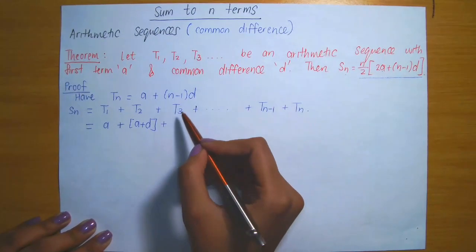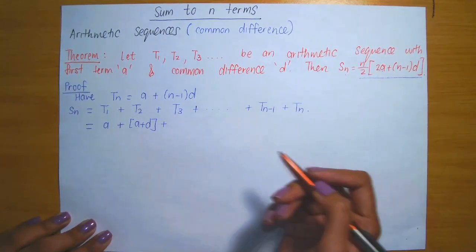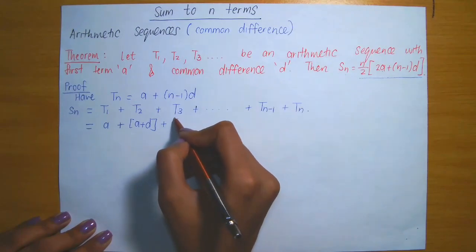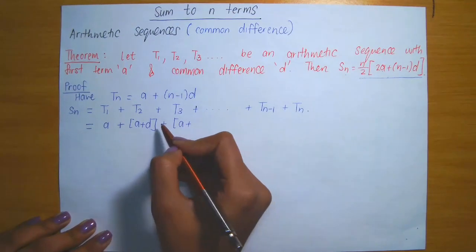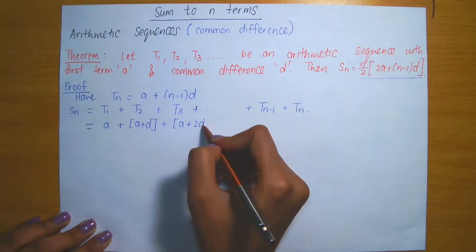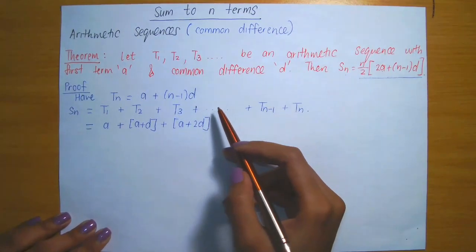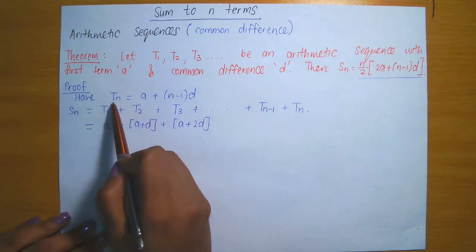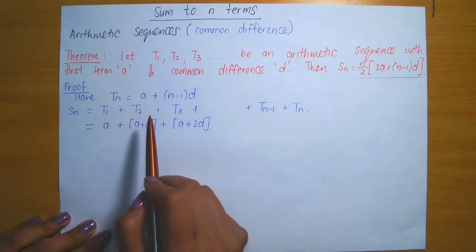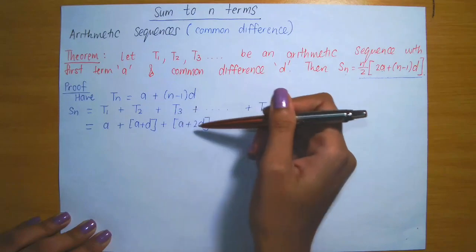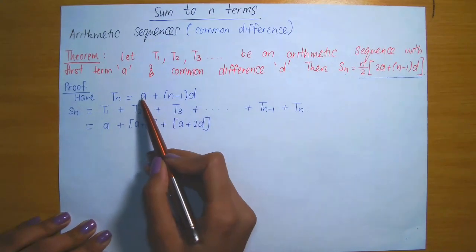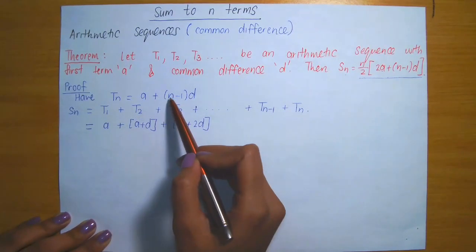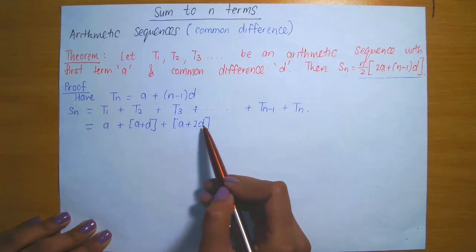Term 3 will then be your second term plus the common difference, D again. So it's A plus D plus another D, which is 2D. Or alternatively, since we have the general term formula, you could simply ascertain that T3 is going to equal A plus 3 minus 1 times D, which is A plus 2D.